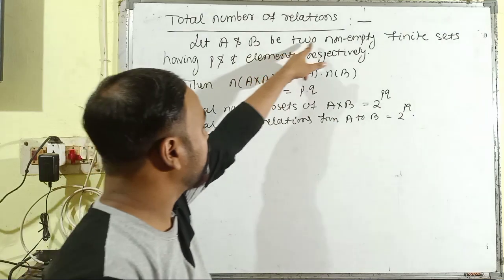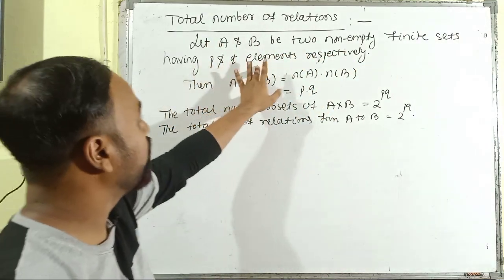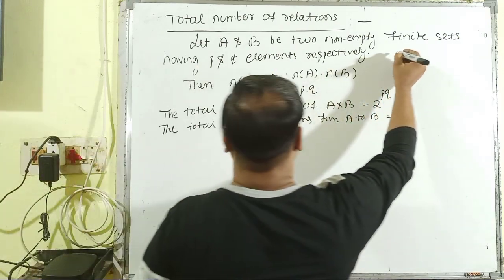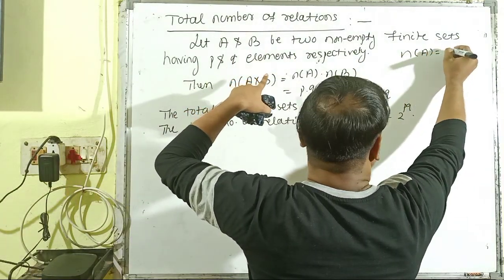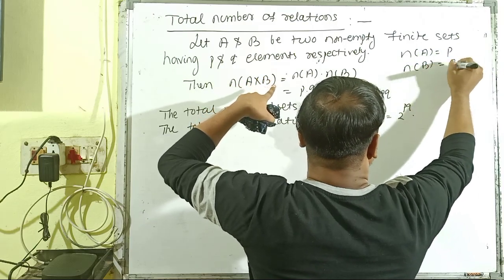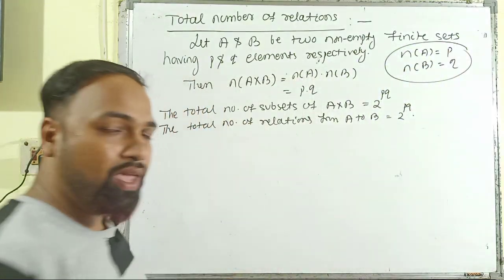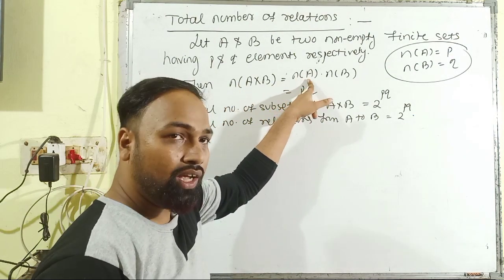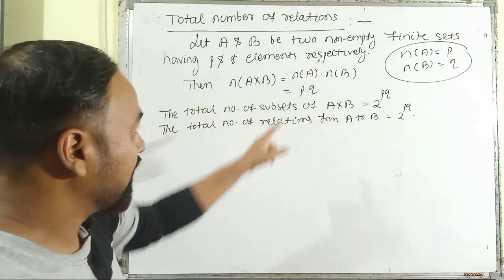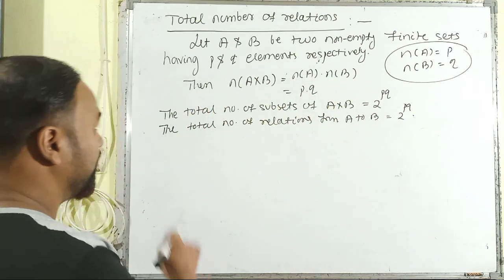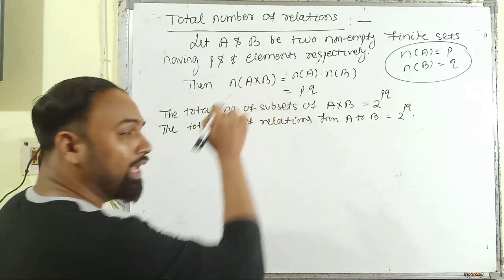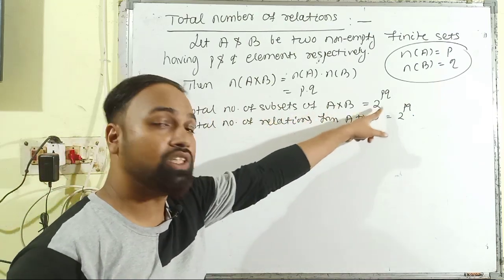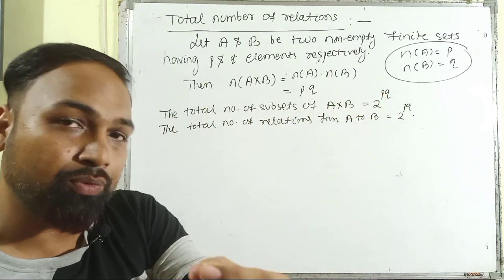So let A and B be two non-empty finite sets having P and Q elements respectively. That means the cardinality of A is equal to P, and the cardinality of B is equal to Q. Then by using the properties of the Cartesian product, the cardinality of A cross B is equal to the cardinality of A multiplied with the cardinality of B, that means P multiplied with Q. If A cross B contains PQ elements, then the total number of subsets of A cross B is 2 to the power PQ by using the properties of sets.